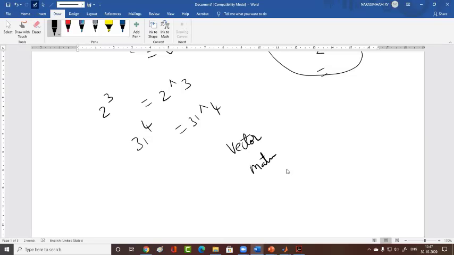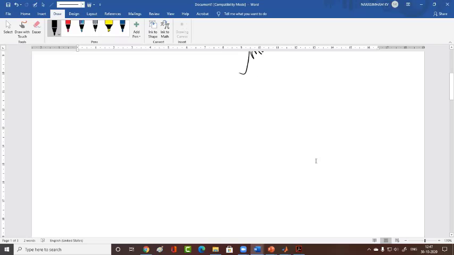So we will use dot caret, dot power, and dot division. We will discuss all these in vectors and matrices. Briefly I will explain just for understanding.